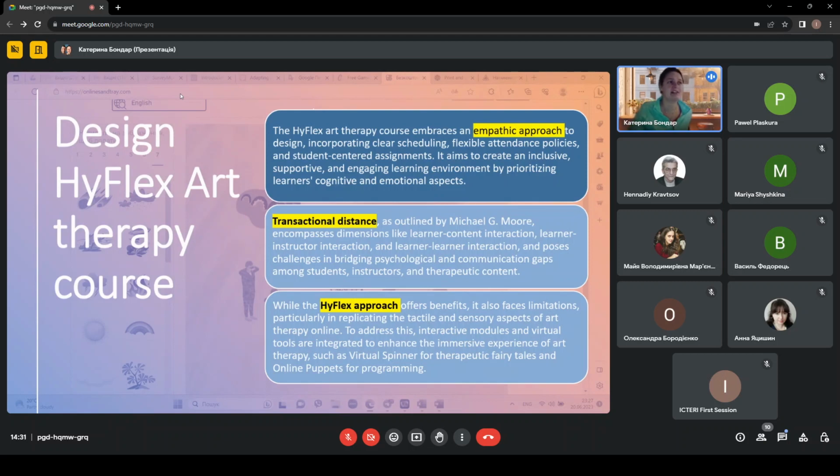Secondly, for our students, we use transactional distance as a scale that analyzes the successful or unsuccessful end of their course, and we explain what it means. It's like self-evaluation.